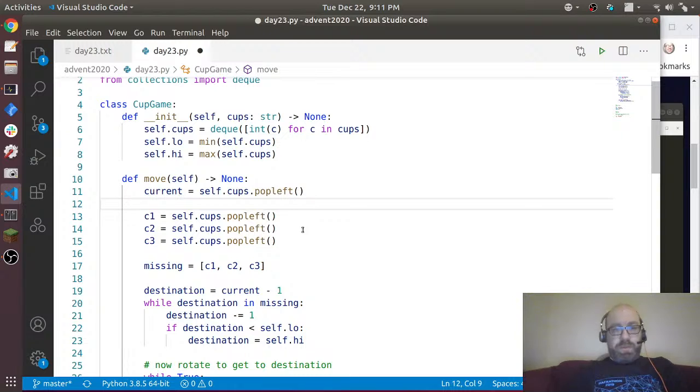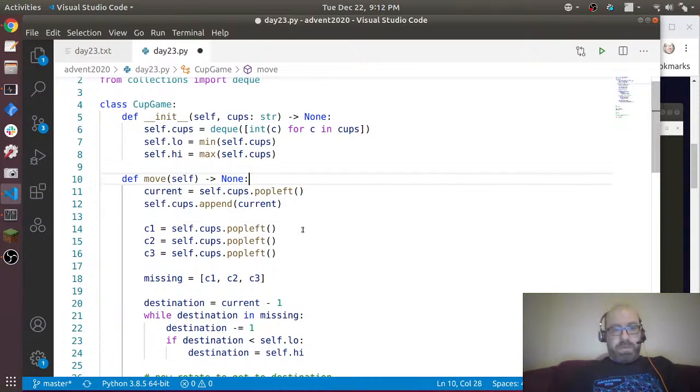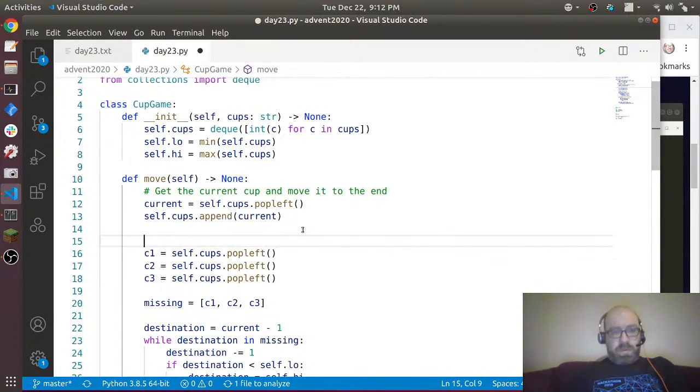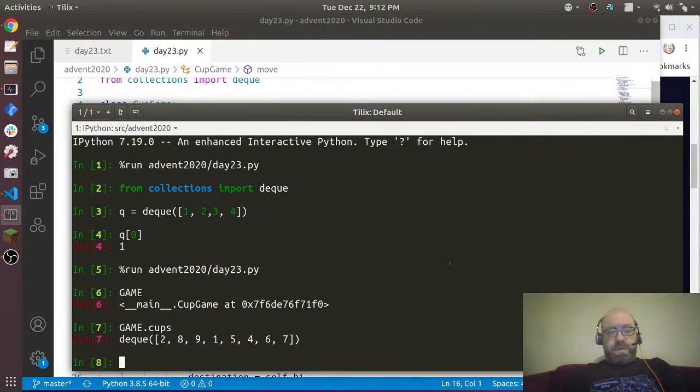I will do self.cups.append(current). Okay, so this is: get the current cup and move it to the end, take the next 3, and good.